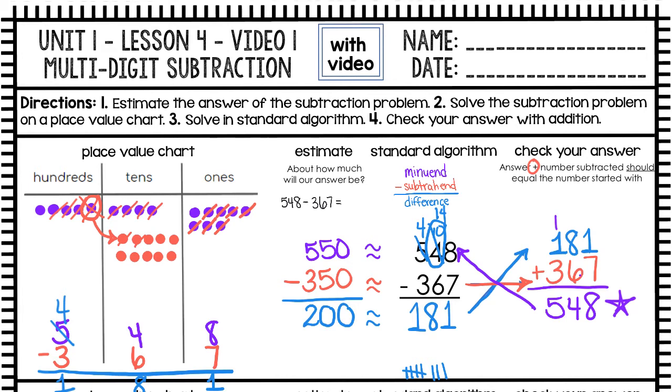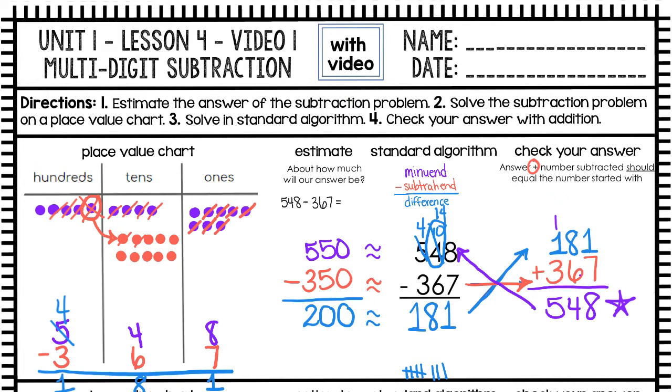The other thing I want to tell you, I know this seems like a lot of work for subtraction, but the most important thing is that you know how to regroup correctly, because then you can subtract any amount of numbers. You could subtract a 13-digit number minus a 13-digit number if you know how to regroup. So the place value chart shows us regrouping when we take 100 and make it into 10 tens.